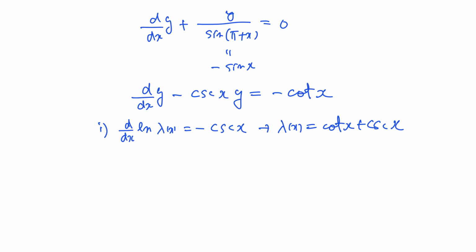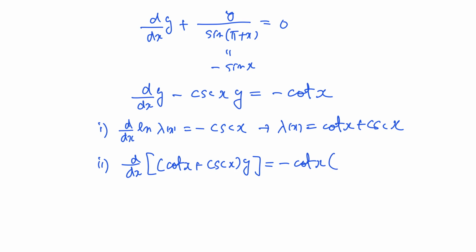Now, number 2, d/dx of cotangent x plus cosecant x times y equal to minus cotangent x times cotangent x plus csc x equal minus cotangent square x minus cotangent x csc x, right?